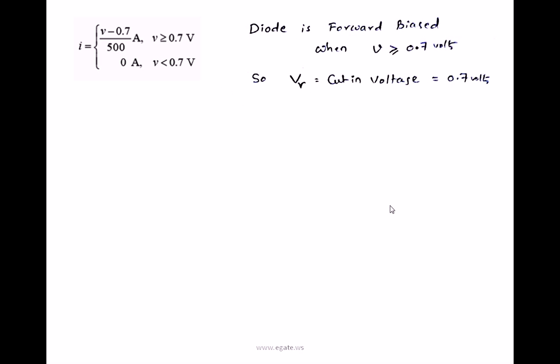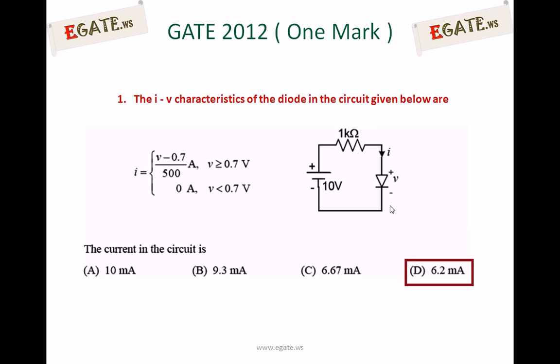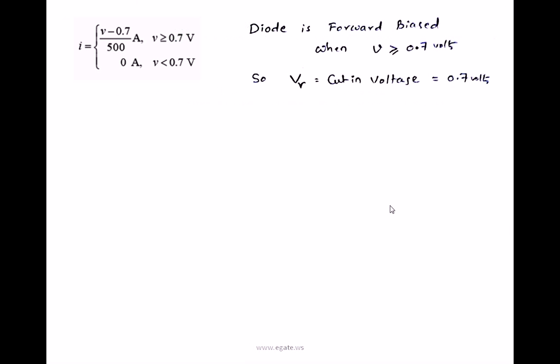First of all, from the given equation, the voltage-current equation for the diode is I is equal to (V minus 0.7 volts) by 500 amperes whenever voltage is at least 0.7 volts. Here I is the current flowing through the diode, and V is the voltage across the diode terminals. Whenever V is greater than or equal to 0.7 volts, the cut-in voltage of the diode is treated as 0.7 volts.